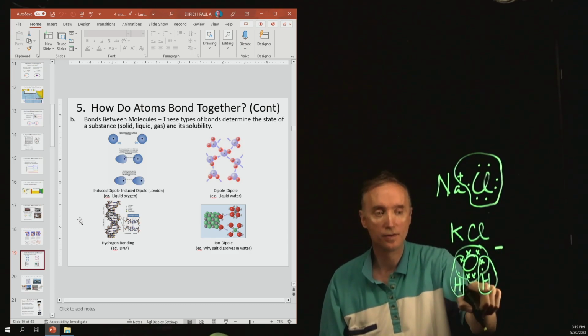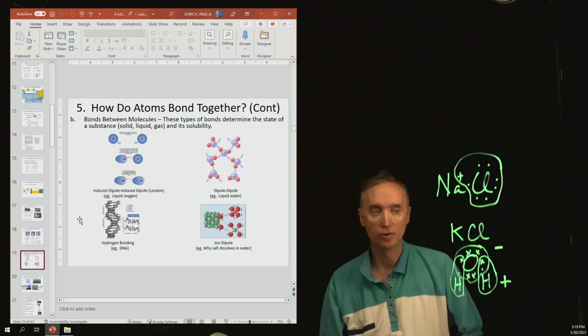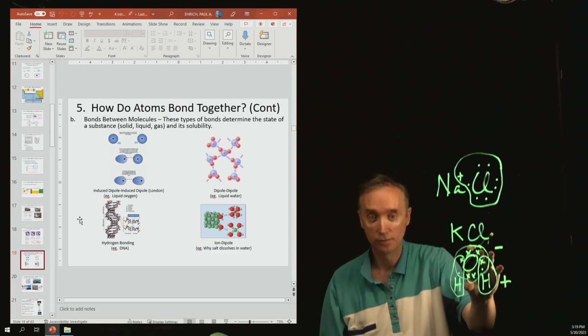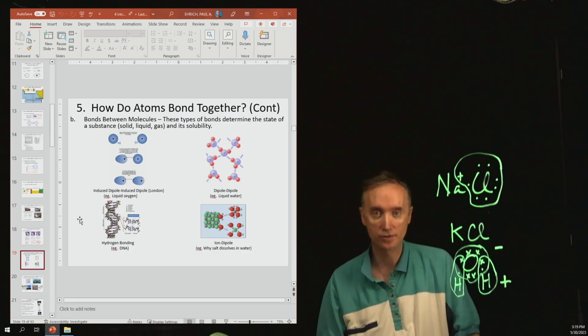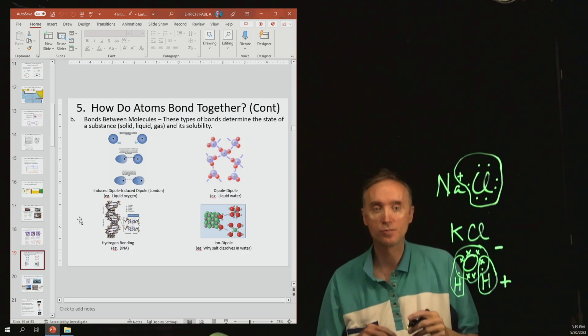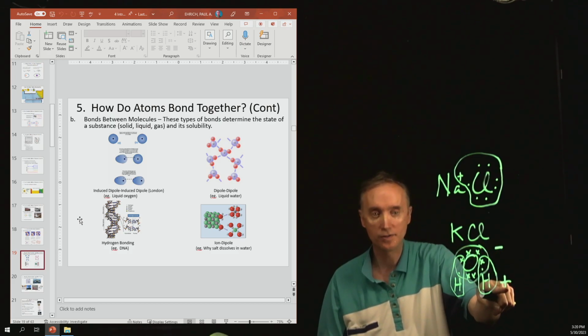And then this end of the molecule, down here where the electrons aren't, is positive. So overall, it's neutral, but the charge is separated. It's polarized.